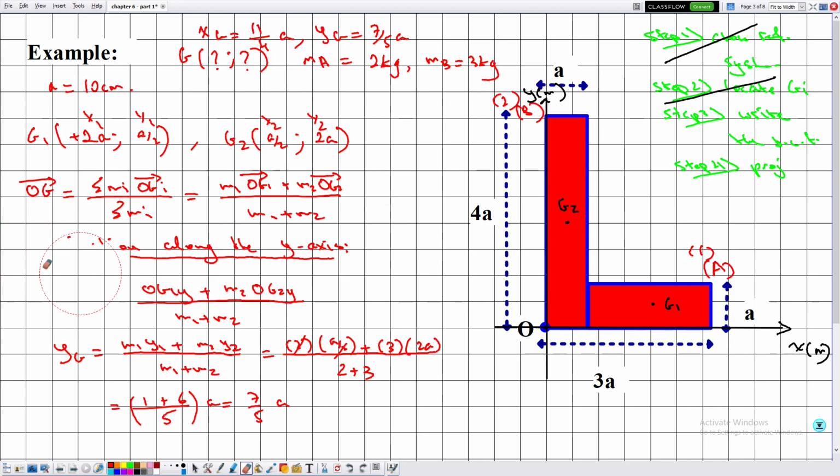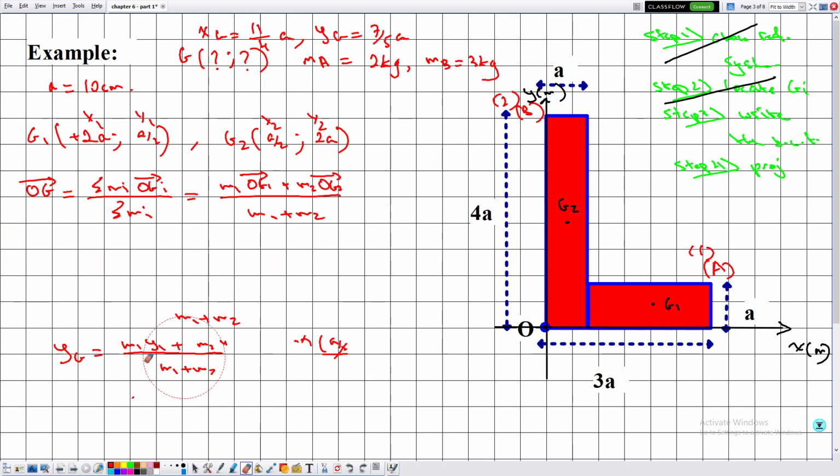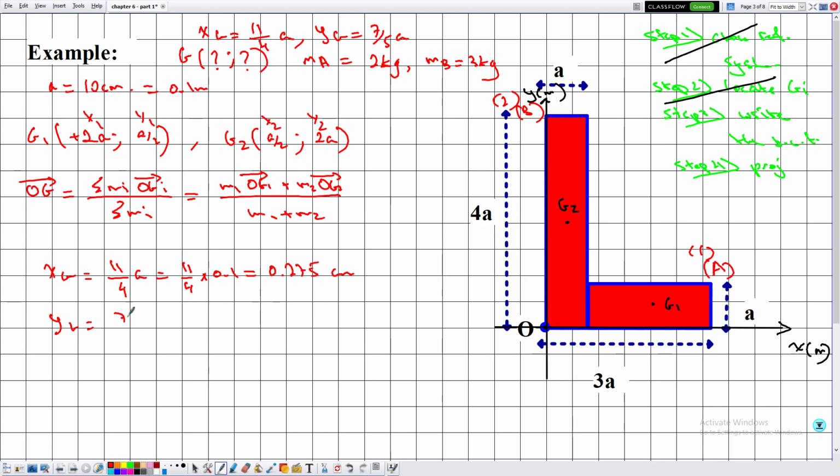So in this case, if xg is equal to 11 over 4 a and a is equal to 10 centimeters, which is equal to 0.1 meter, then 11 divided by 4 multiplied by 0.1 is equal to 0.275 meters, and yg is equal to 7 over 5 multiplied by a, which is equal to 7 over 5 multiplied by 0.1, which is equal to 0.14, sorry, this is meters.